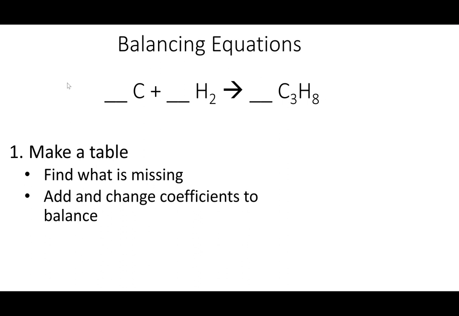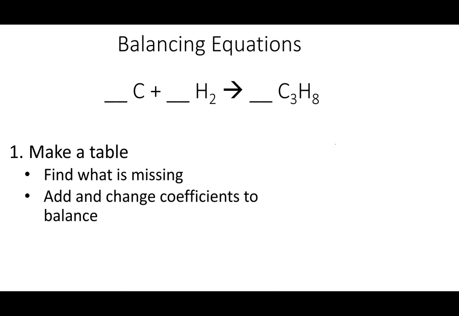Let's take a look at this one as an example. We've got carbon plus hydrogen gas makes C3H8. This is propane. The way we balance equations is the first thing we do is we make a table.